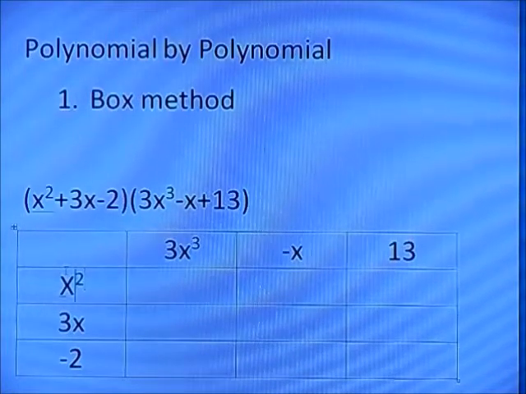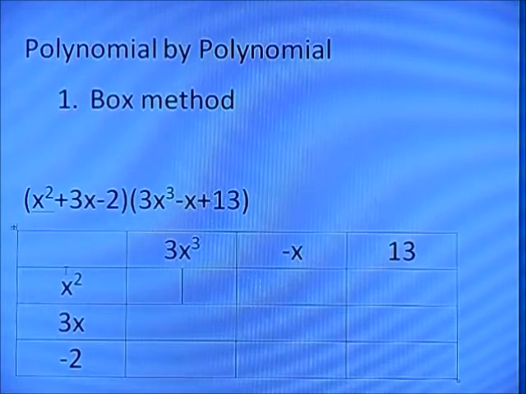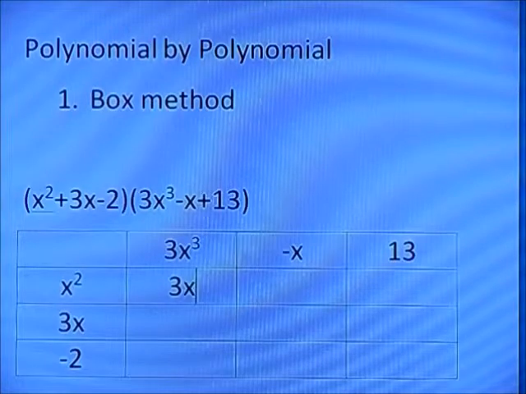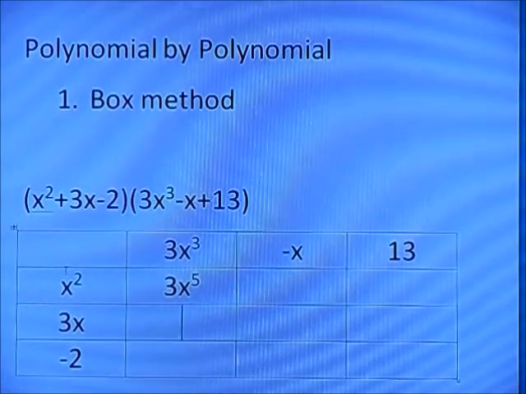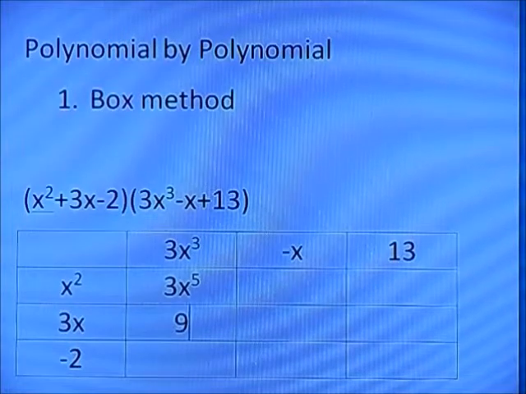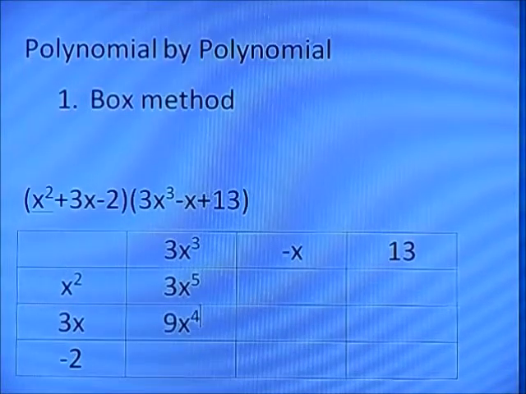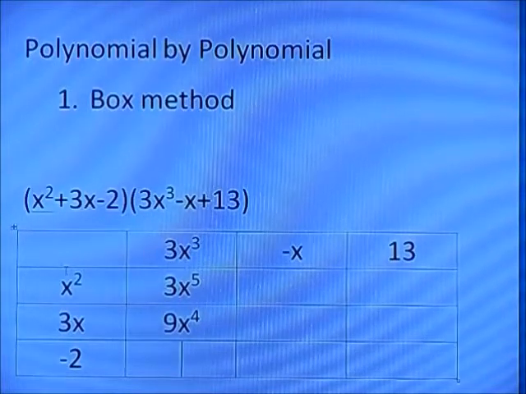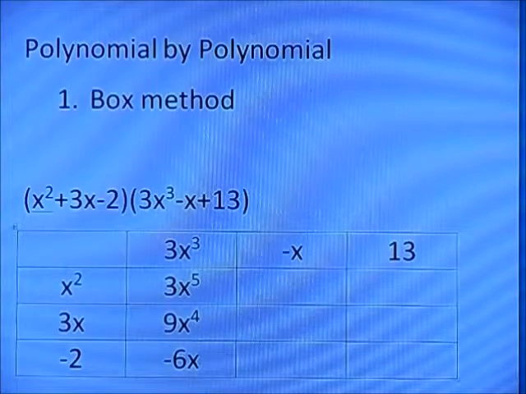But anyways, our first term here, let's just make that lowercase. First term here, so 3x to the 5th, 9x to the 4th, and right here, negative 6x to the 3rd.